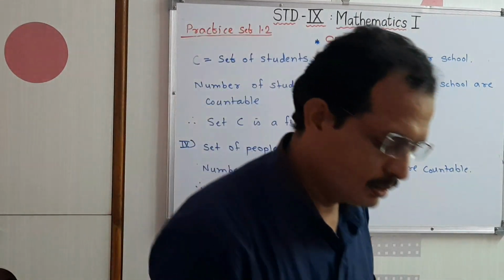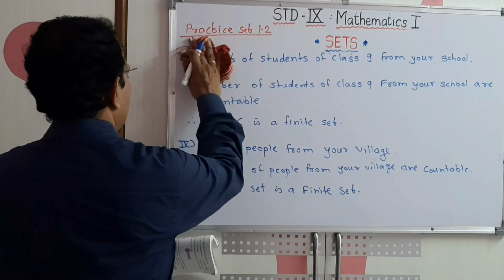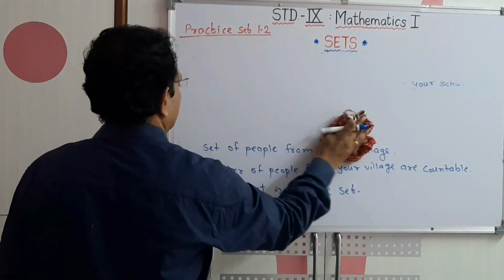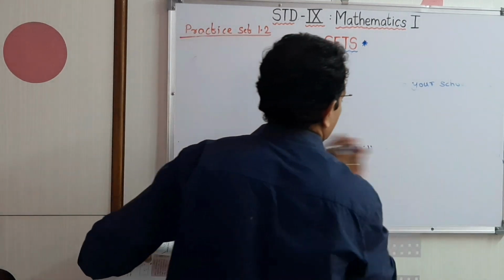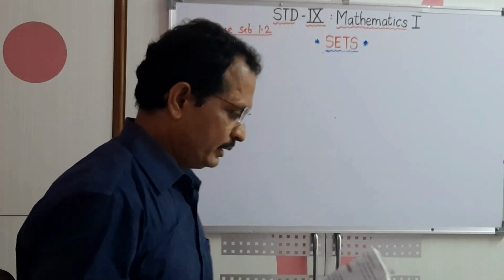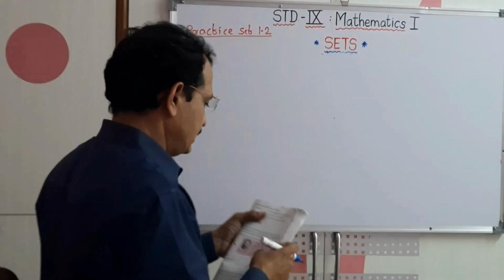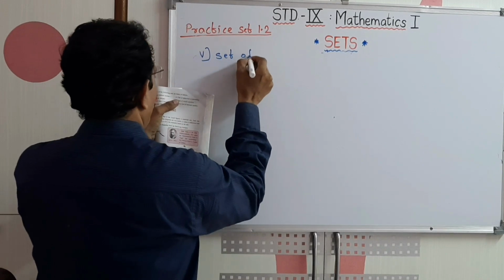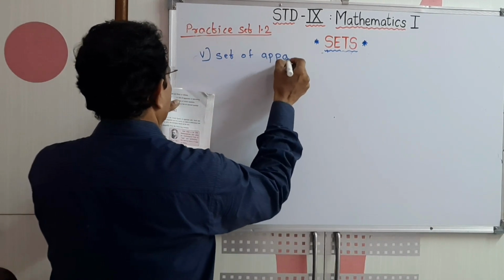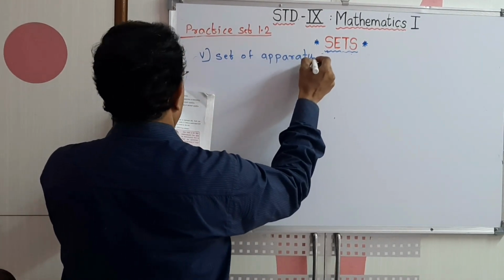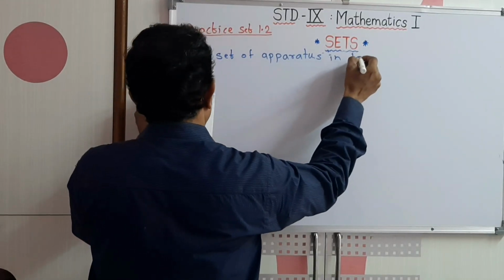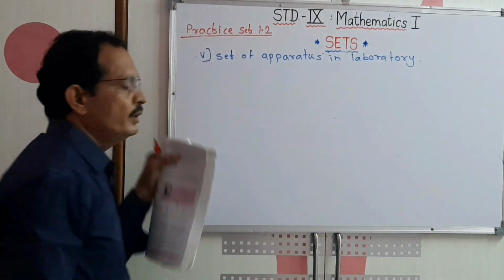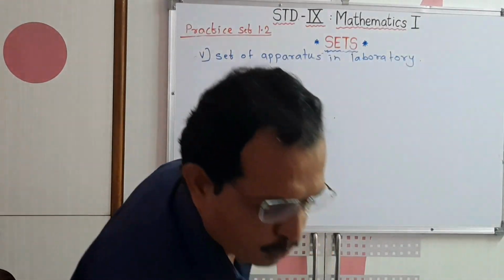Then we have to see the question number fifth one. Set of apparatus in laboratory. In our laboratory, how many apparatus are there?